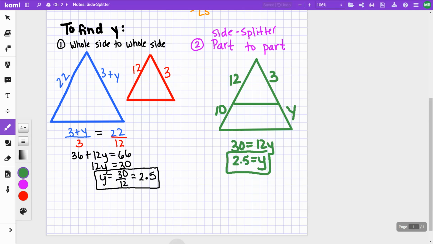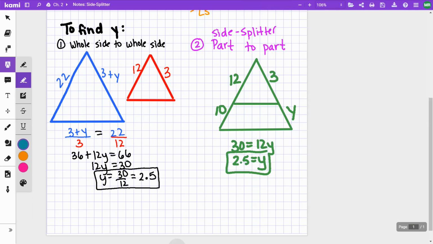So I can do the sides that are split with side splitter or without side splitter, doing whole side to whole side. However, if I'm doing the bases here, this base and this base, I cannot use side splitter. So that's the next thing I'm going to do.